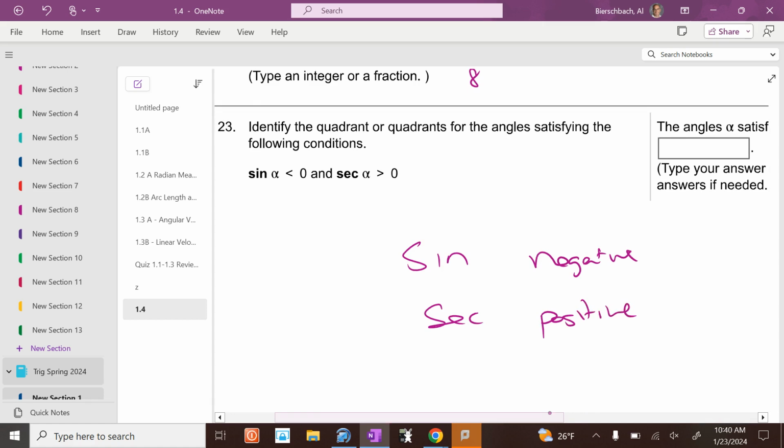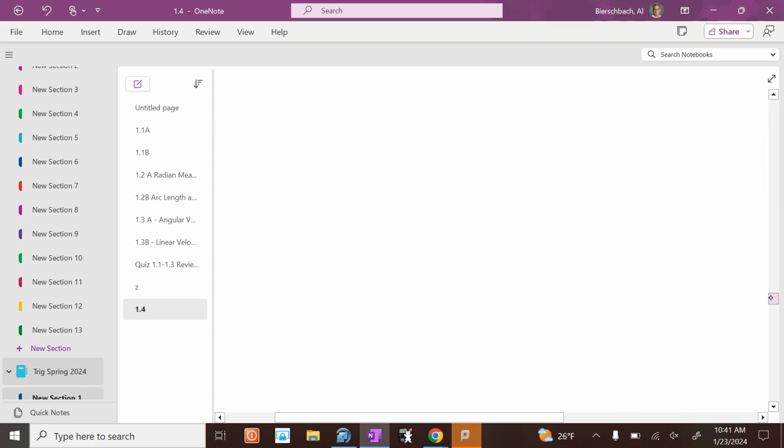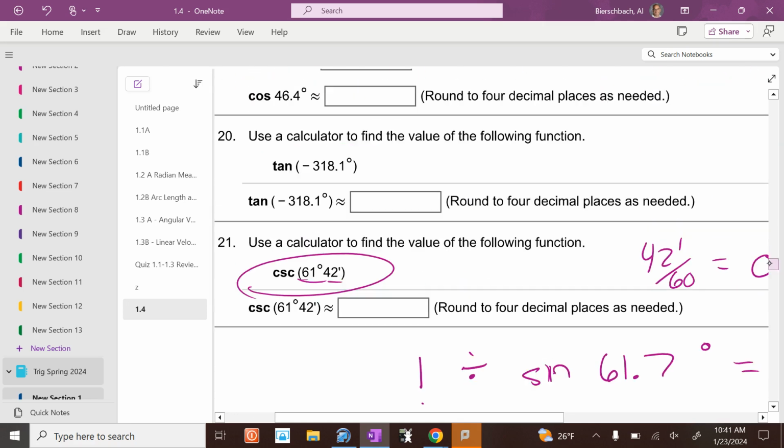Well, the secant is a reciprocal of cosine, so the cosine is positive and the sine is negative. The sine goes with the y value, and the cosine goes with the x value. So I need positive x value, negative y value. What quadrant am I in? 4. I'm in quadrant 4. Yep.